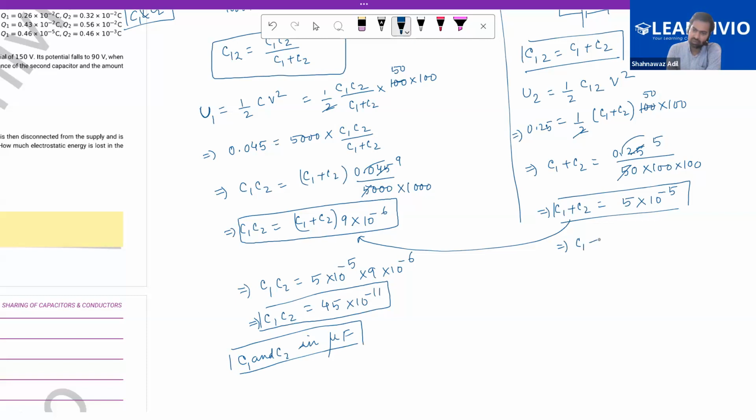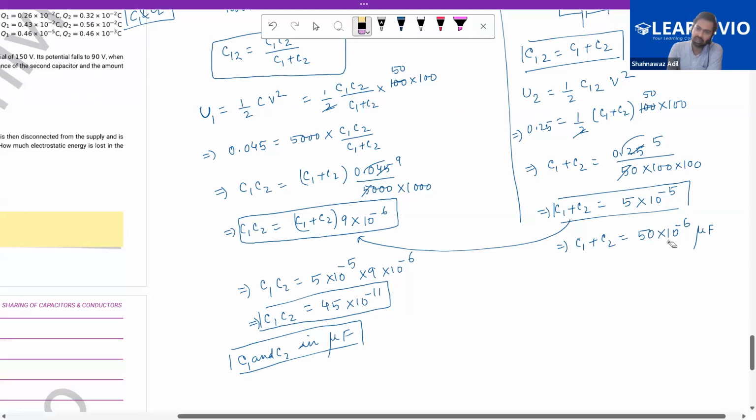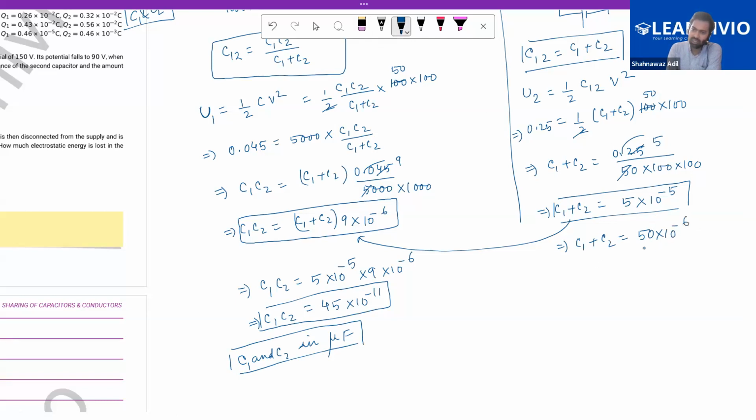So this is C1 plus C2, which is 50 into 10 to the power minus 6, and this would be in microfarad, right? So we can remove this 10 to the power minus 6. Did you understand this logic? Yes. This was in farad, so we have written it in microfarad to make the calculation easy.